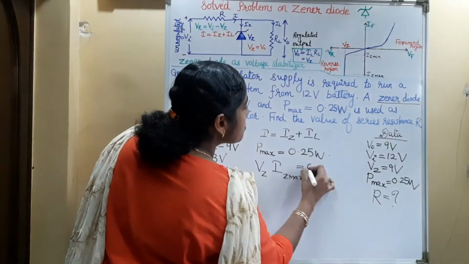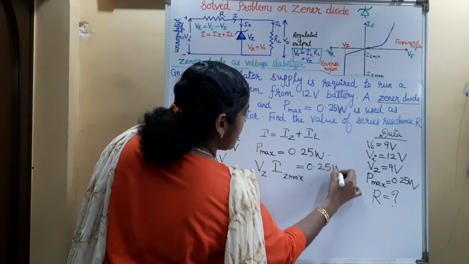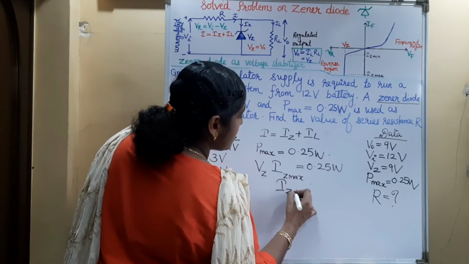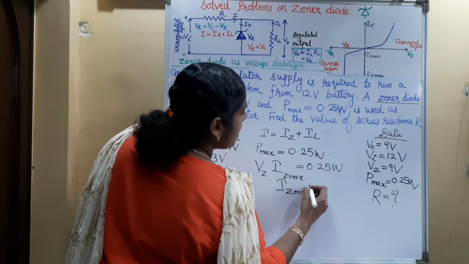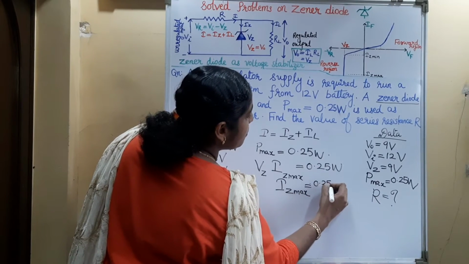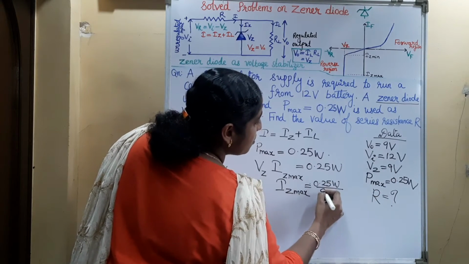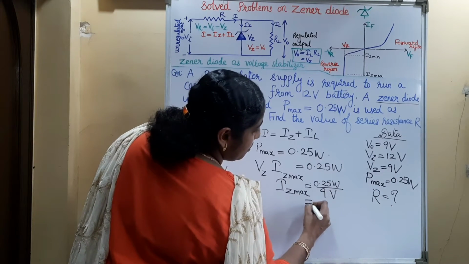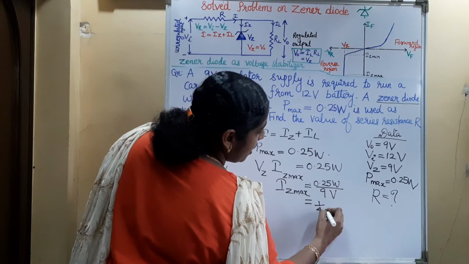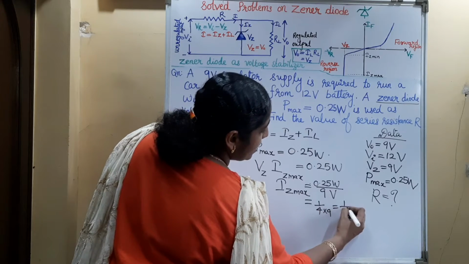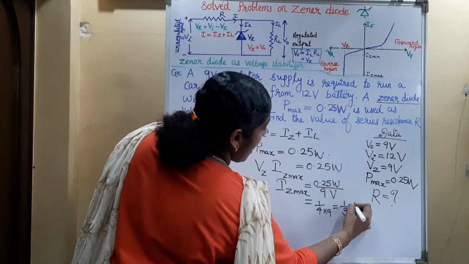So that is equal to 0.25 watt. So this IZ maximum, that is maximum Zener current, is equal to 0.25 watt divided by the Zener voltage, that is 9 volt. So 0.25 is 1 by 4, into 9, so 1 by 36 ampere.